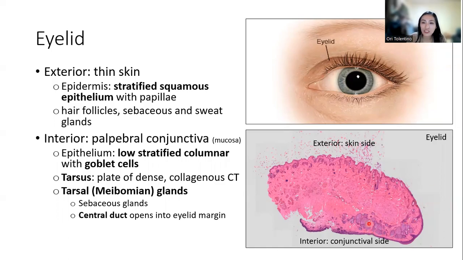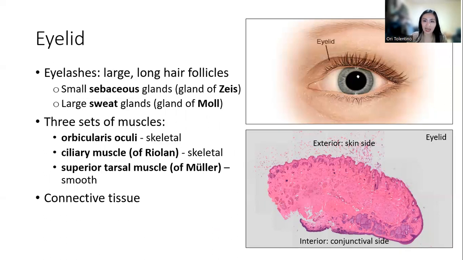They produce an oily substance that coats the tear film of the eye to prevent evaporation. So that's the function of your tarsal gland, and it's also called your meibomian gland.